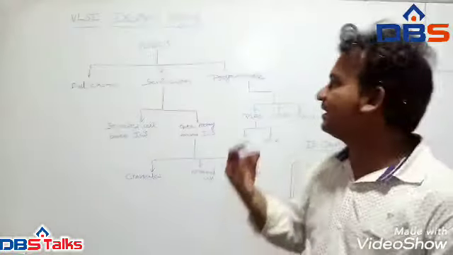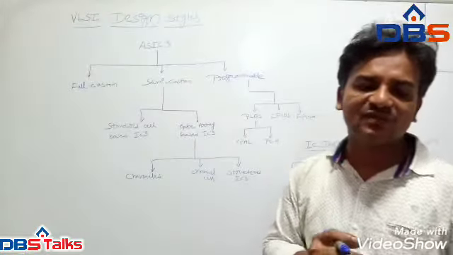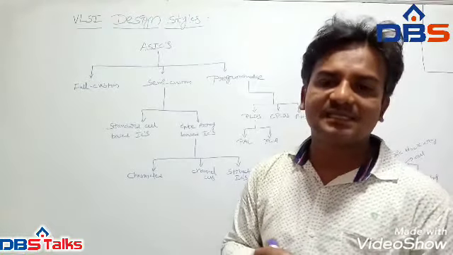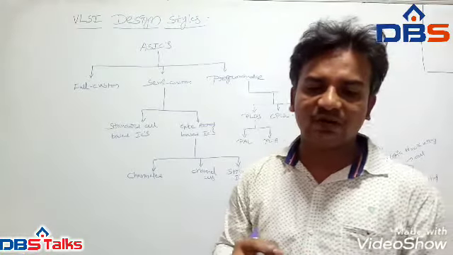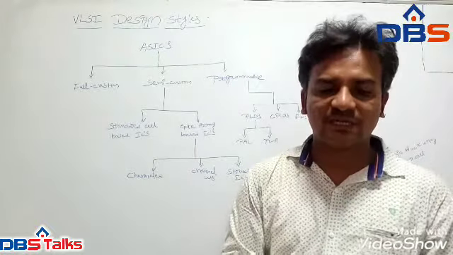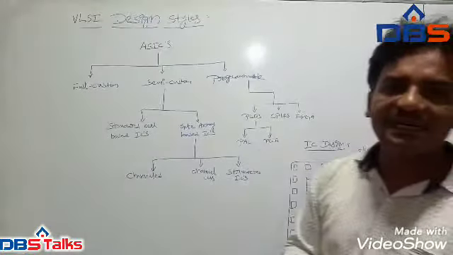So either semi-custom or full custom, these have some advantages and disadvantages. These have less development cost and lowest risk approach, shorter development cycle, and it is suitable for small quantity of production, and it is suitable only for digital ICs.